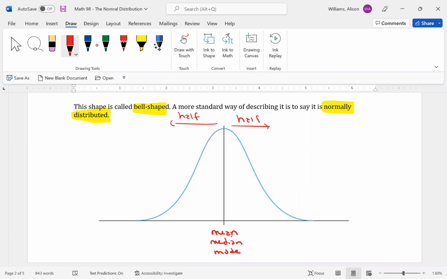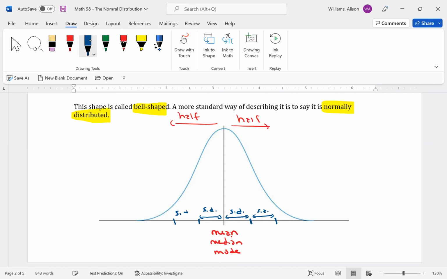Okay, now here's what's useful to us and what we're going to take away from the normal distribution. If I were to look at the standard deviation on here, here's how it's going to end up looking. The standard deviation is going to stretch from the mean to a value about this far away from the mean. And that value repeats, I'm using SD to represent standard deviation, multiple times.